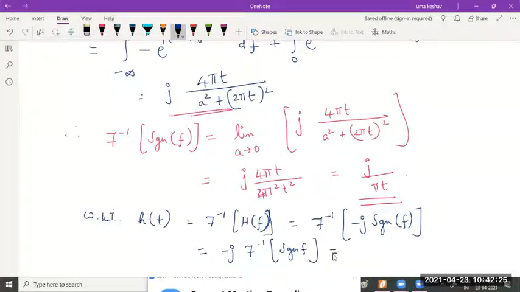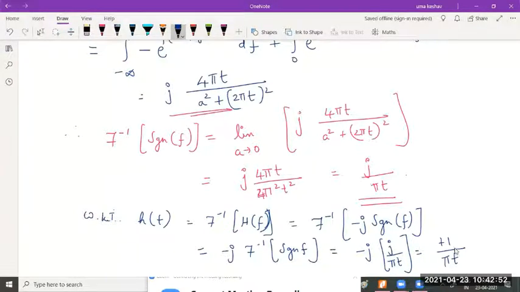What is this then? Here I have found the inverse Fourier transform of signum of f as j by pi t. Therefore, this will be minus j into j by pi t. How much will this be? It will be minus j square, which is minus into minus 1, plus 1 by pi t.